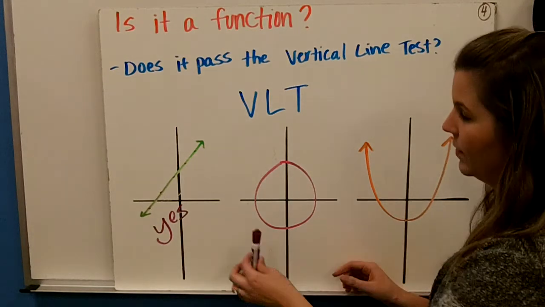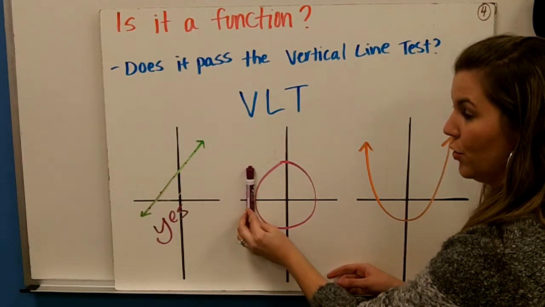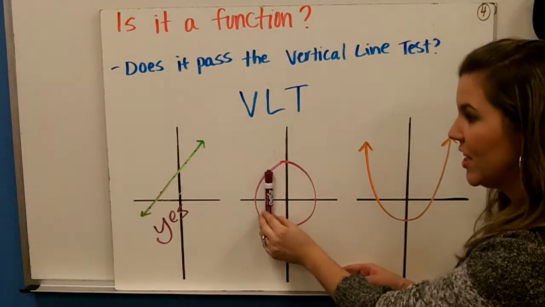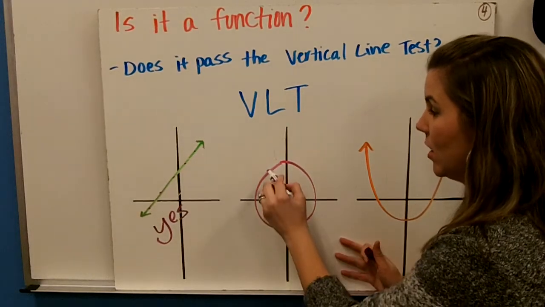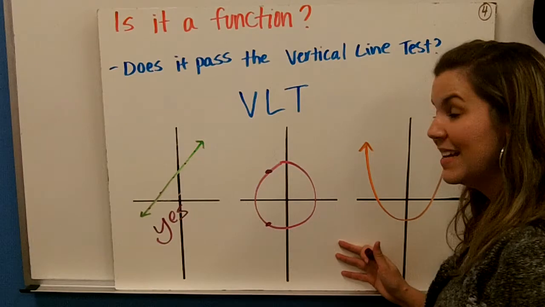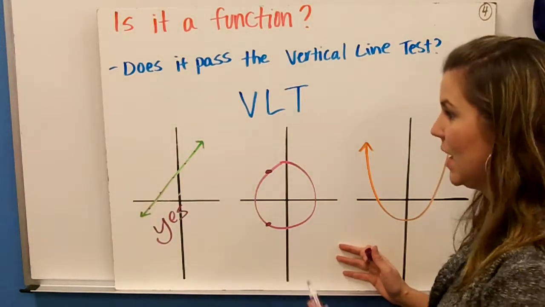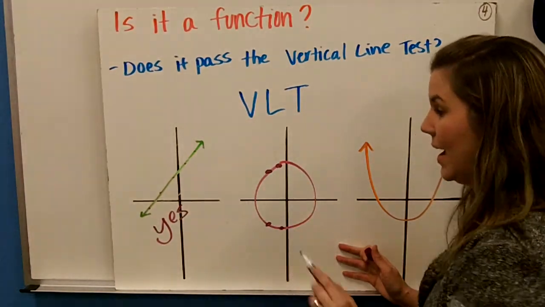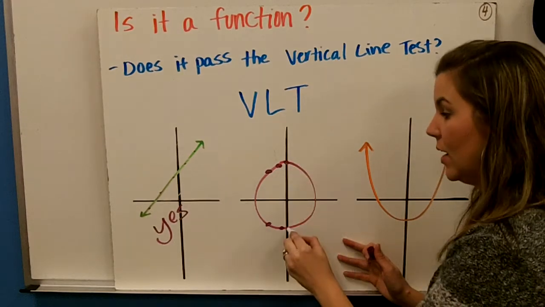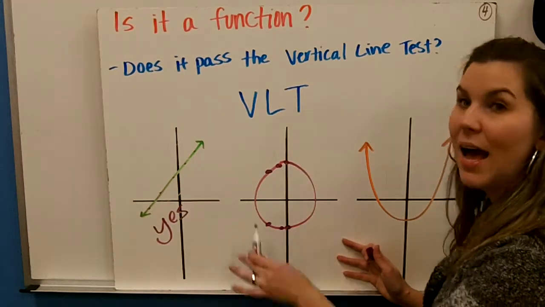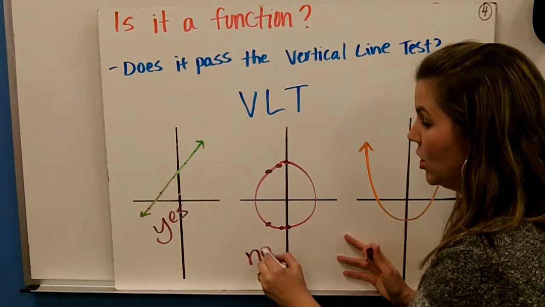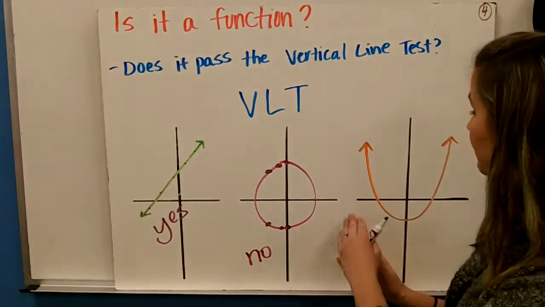Here's a circle. If I slide my pen through it, it touches twice. It touches here and here at the same time. It does not pass the vertical line test. So no, this is not a function.